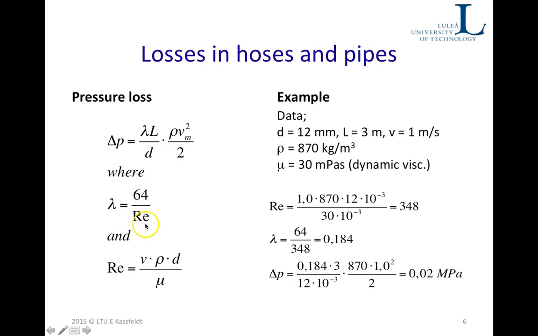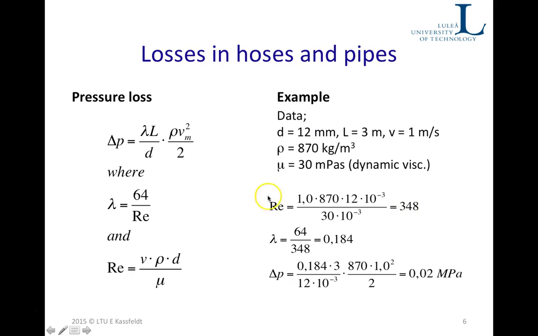And the friction coefficient, we will find if I have 64 divided by the Reynolds number. And the Reynolds number I can calculate from the velocity of the flow inside the tube, the density, the diameter, divided by the dynamic viscosity.